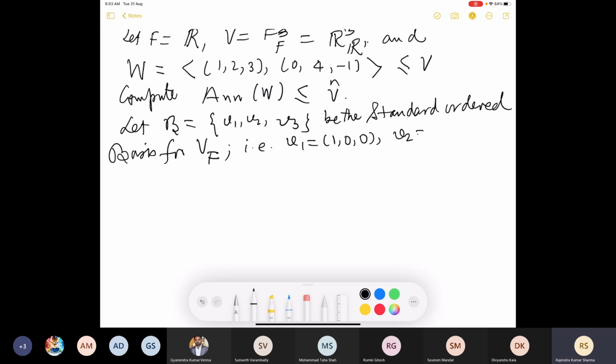What is V2? 0, 1, 0. And what is V3? This is 0, 0, 1.